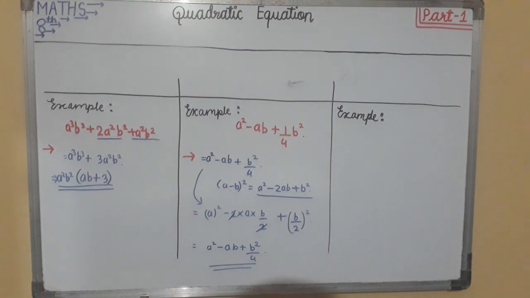So therefore this equation is right. Therefore the answer of this question will be a minus b by 2 whole square. That will be a minus b by 2 bracket close bracket a minus b by 2. This is the easy answer of this question.